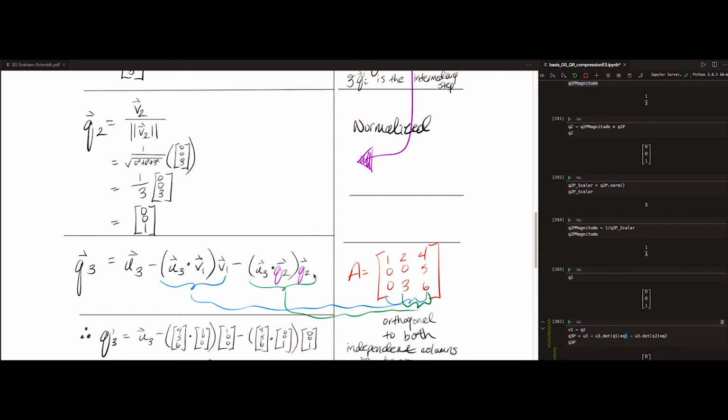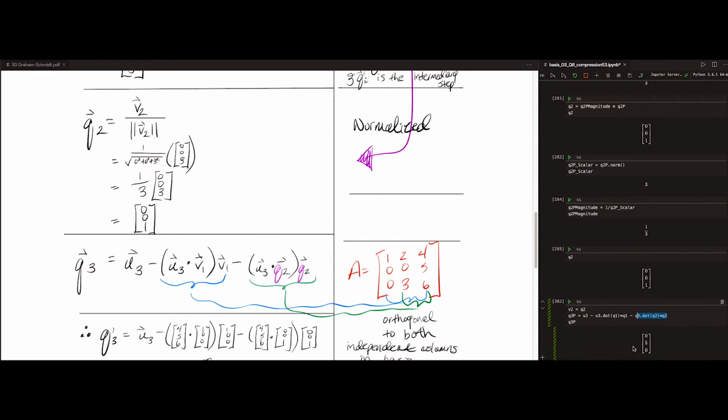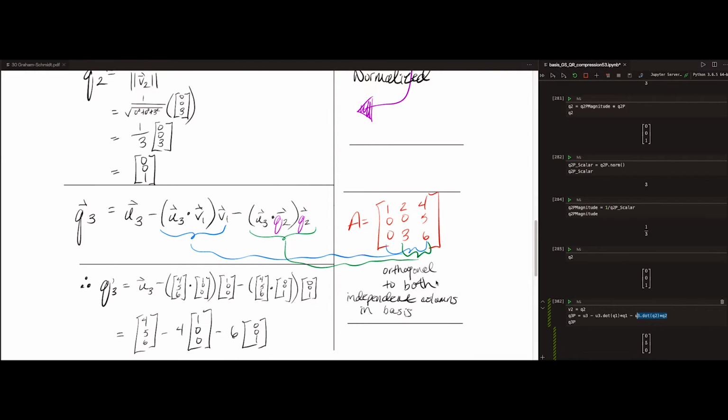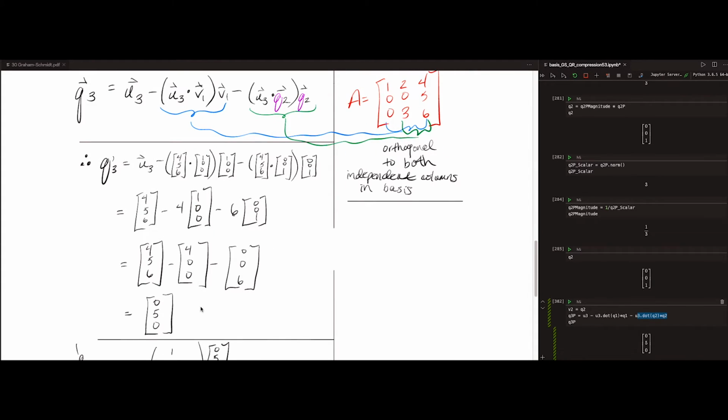And now we need an orthogonal basis with respect to this one. So we do the dot product with the third and the second, and we get this Q3 prime. And so this is the orthogonal vector now. It's independent to both columns in the basis, and we see that. If it weren't, we wouldn't be able to put this in the Q, the orthogonal matrix. And we see that we get 0, 5, 0.